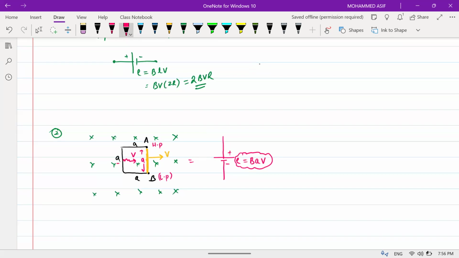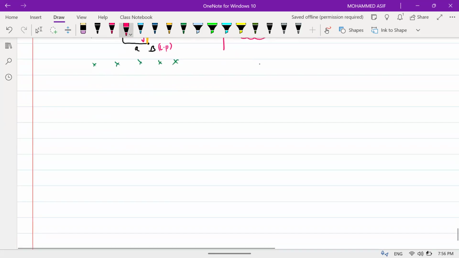So next one, rotation of rod, or write the heading as rotational EMF. If a rod is rotating in a magnetic field, this is your magnetic field.